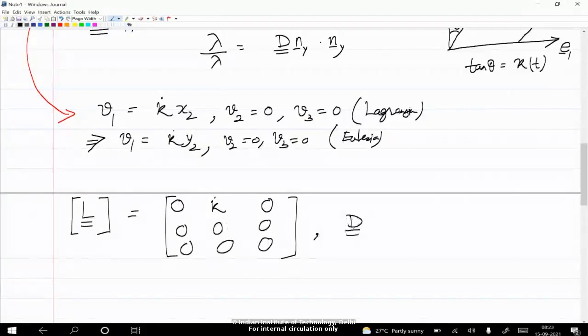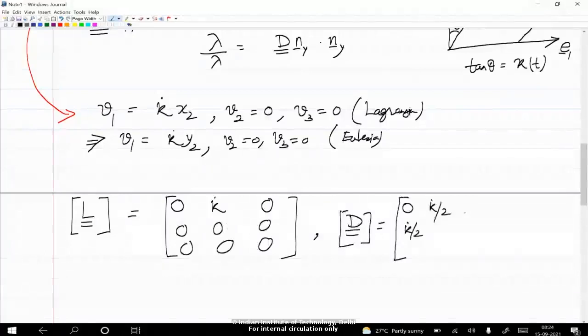So what will be D then? What do you think? What is D here? Just its symmetric part, right? So that's going to be 0, k dot by 2, k dot by 2, 0, 0, 0, 0, 0, 0.